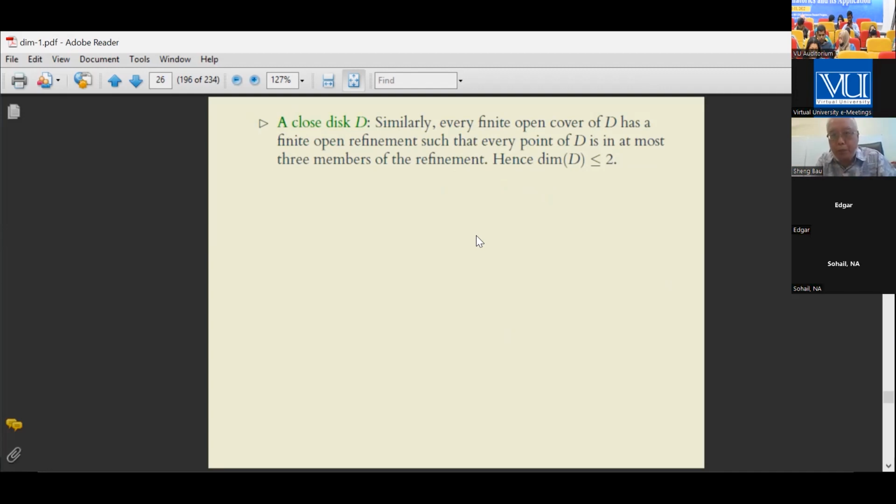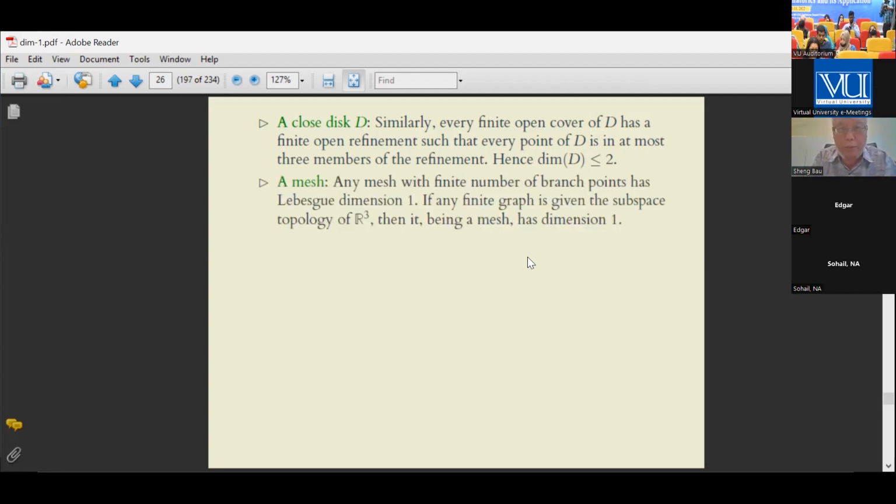You should really be careful with this question: you cannot have a refinement of any finite open cover so that every point is in at most 2 of the members. But you can have a refinement of any finite open cover so that every point is in at most 3. So its dimension is at most 2, as you expect.